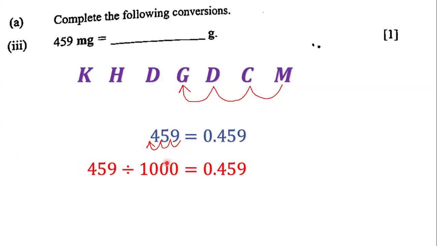Each time we move over, that accounts for a 0. And since we move to the left, we have to divide. So we say 459 divided by 1,000, and that gives us 0.459. And so we have 459 milligrams to grams. That's actually going to be 0.459 grams, and that's our answer here, right?